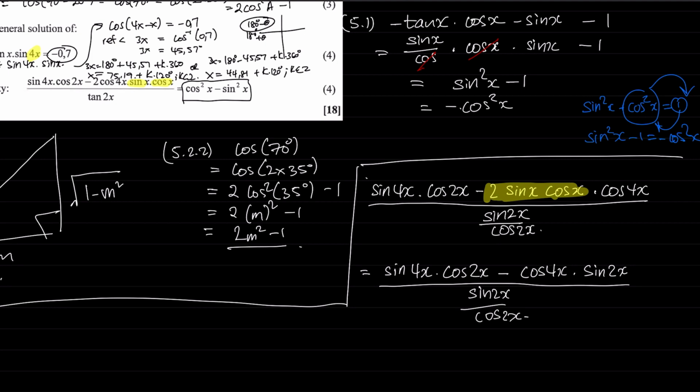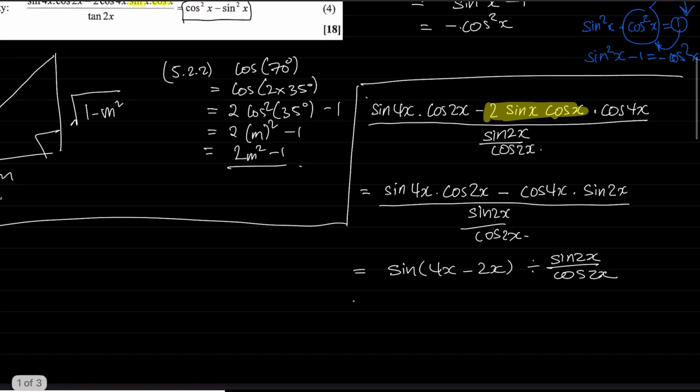So this can be rewritten now as sine of 4x minus 2x, and then that's going to be divided by sine 2x over cos 2x. Now I'm going to simplify a bit. This is going to be sine 2x times cos 2x divided by sine 2x.